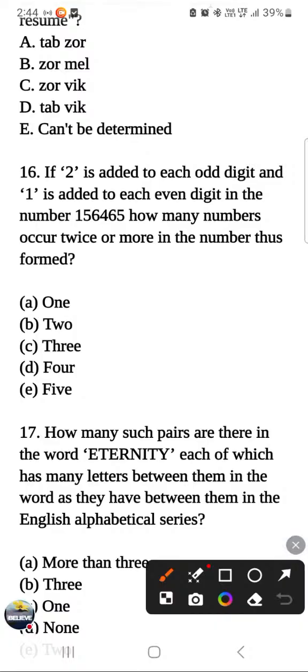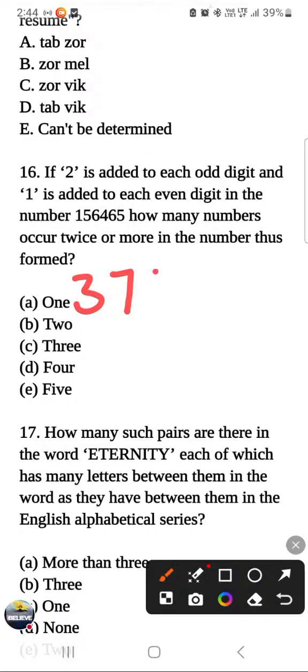Now if 2 is added to each odd digit and 1 is added to each even digit in the number 1, 5, 6, 4, 6, 5, how many numbers occur twice or more in the number thus formed? 2 is added to odd digits. So 1 has to be 3, 5 has to be 7. 1 is added to each even digit.